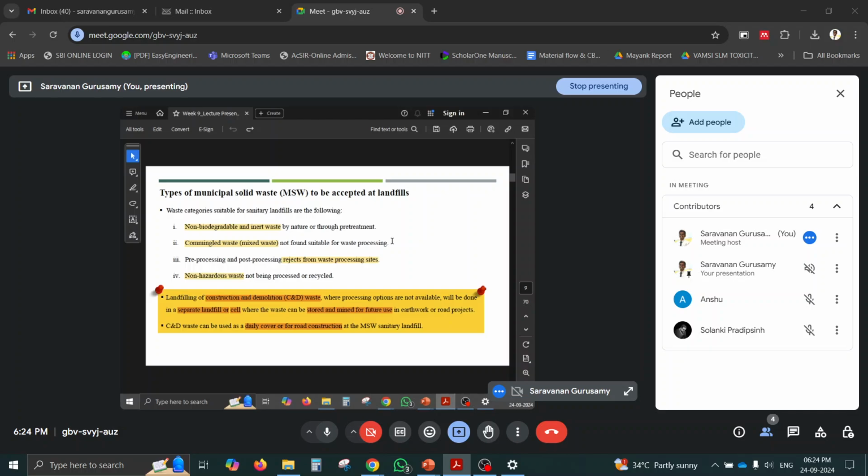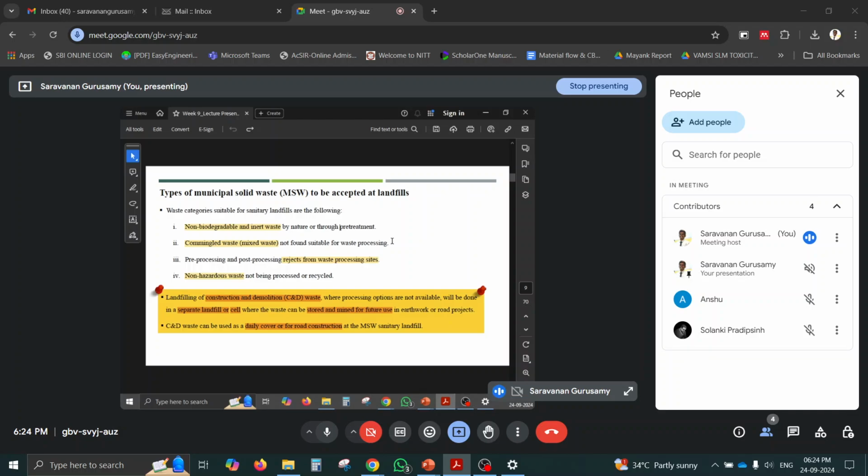Once source segregation is not followed, all the waste is mixed and I can't separate it. So commingled, mixed waste can reach the landfill if it cannot find any suitable processing technology. Nowadays, we have some options for treatment of this type of mixed solid waste also. But if there is no other option for treatment of mixed waste, it can reach the landfills.